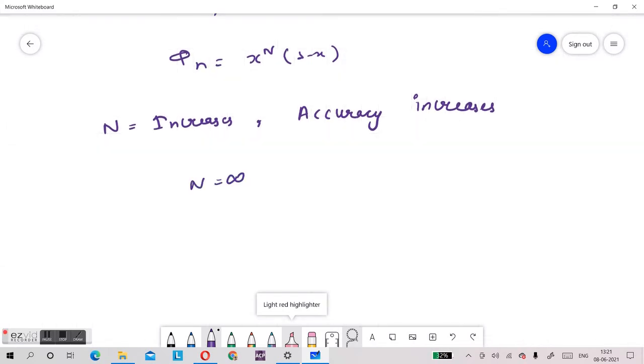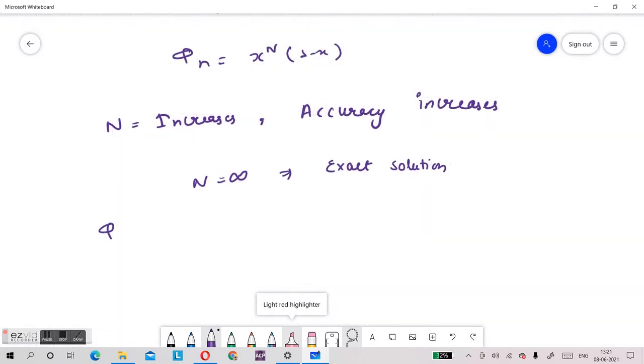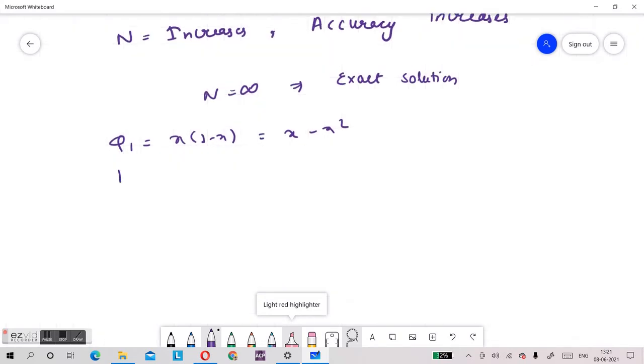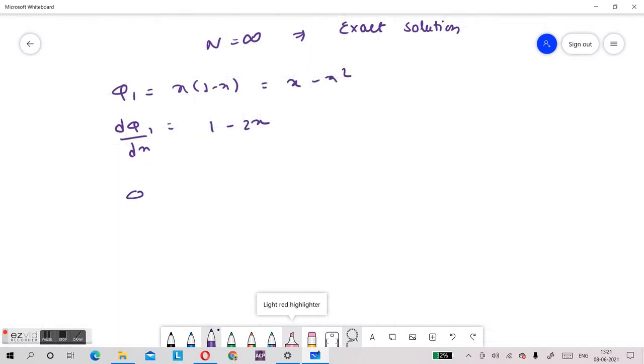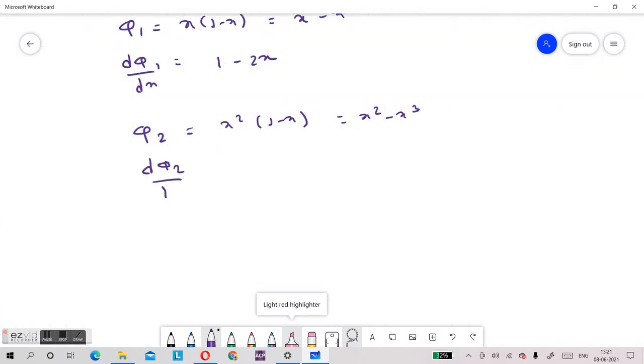So what we do now: we have chosen phi 1 equals x(1 minus x). It will look like x minus x squared. On solving, d phi 1 over dx will be 1 minus 2x. Phi 2 was x squared (1 minus x), so d phi 2 over dx will look like 2x minus 3x squared.